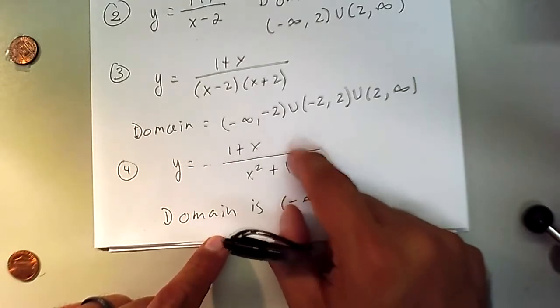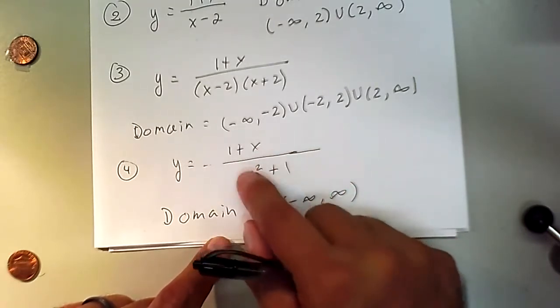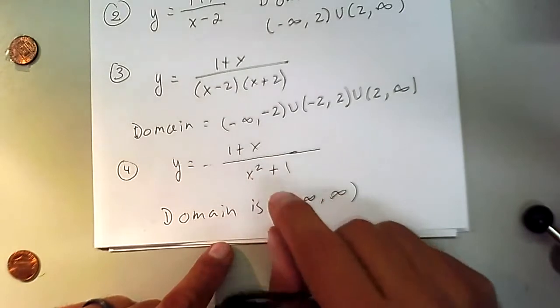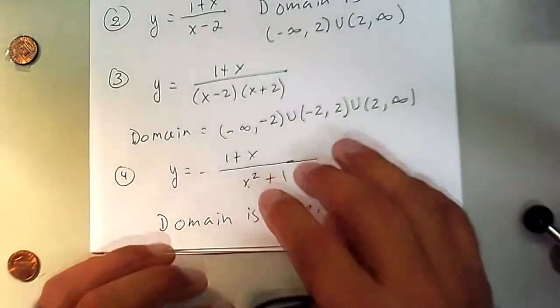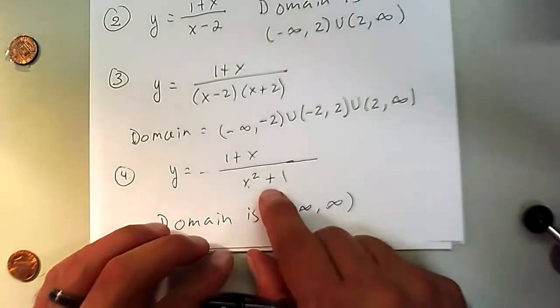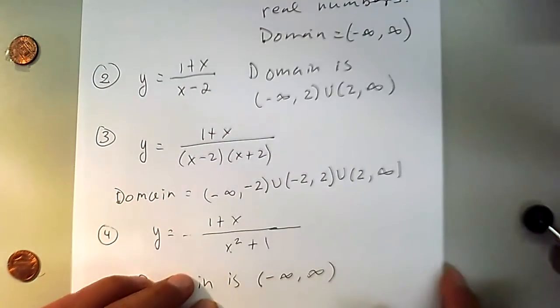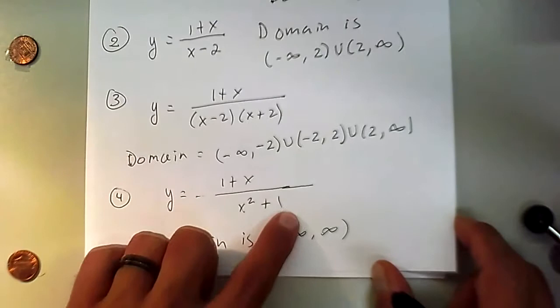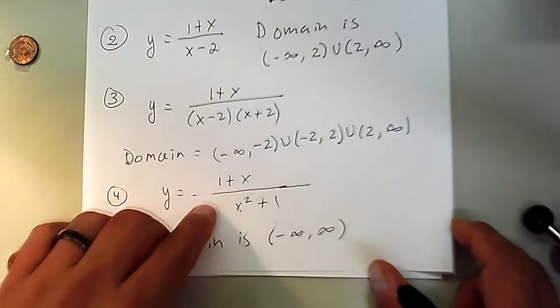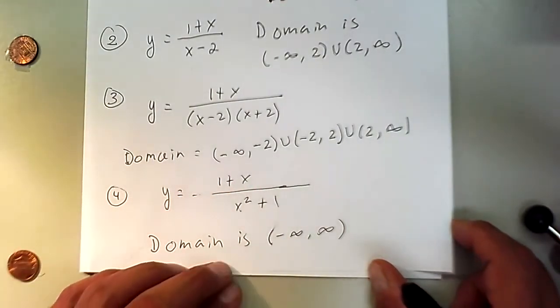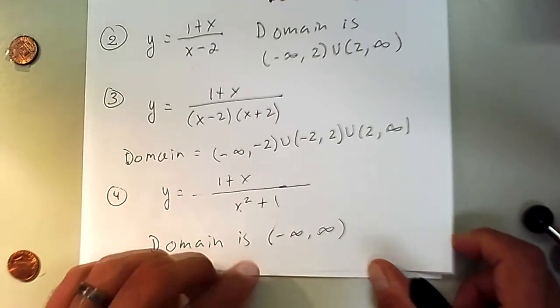That will never happen because this denominator will never be zero. So watch out. We really have to analyze the denominator carefully, slow down and figure out what could cause this to be zero. And in this case, nothing.